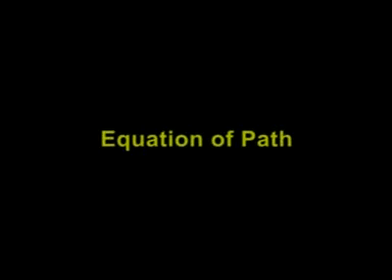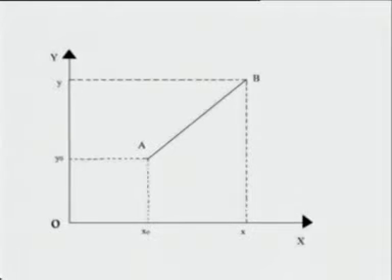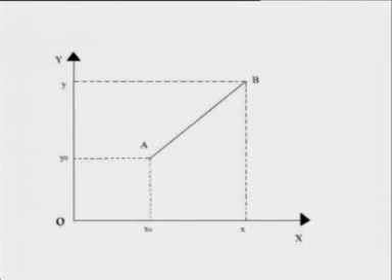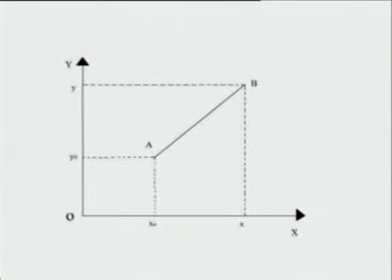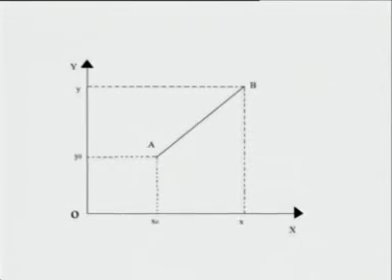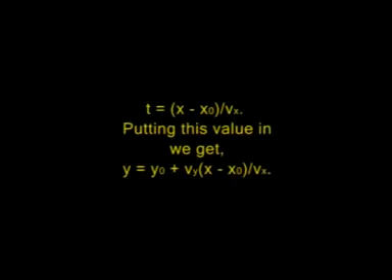Equation of path. The equation of path of the object moving with uniform velocity in 2 dimensions can be obtained by eliminating t from the above equations. So, t is equal to (x minus x0) by vx.